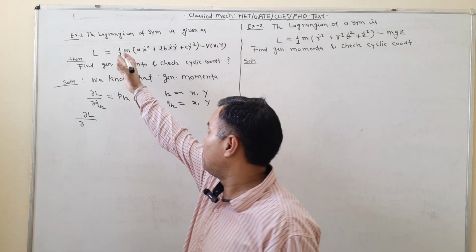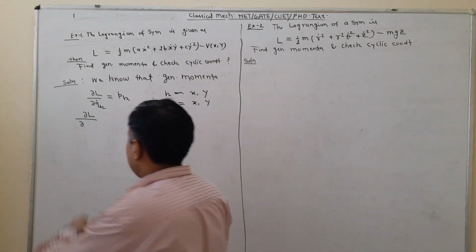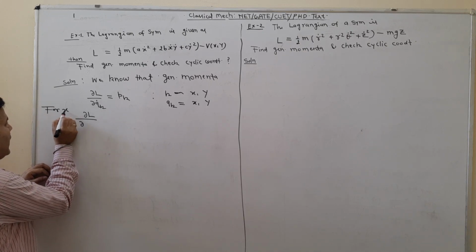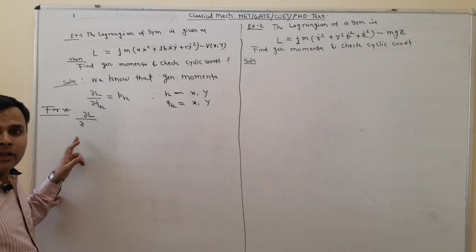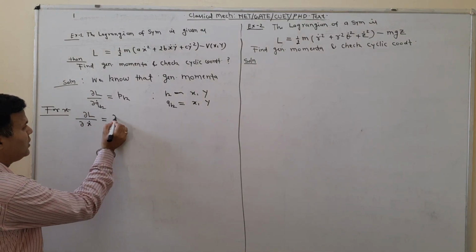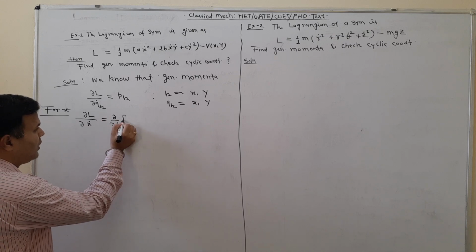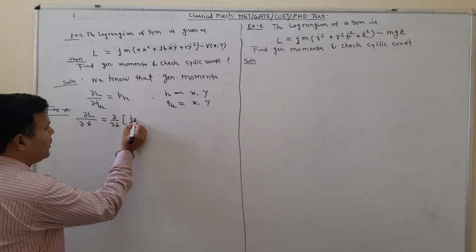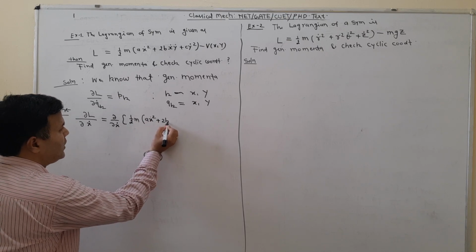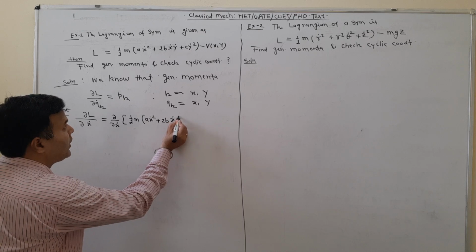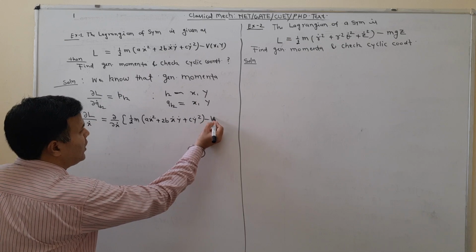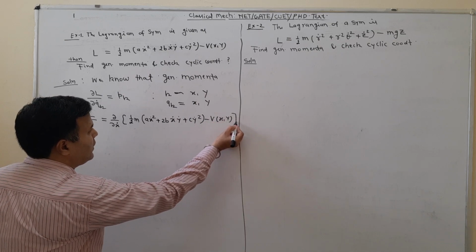So in this example we have this Lagrangian profile. For the x coordinate, we evaluate ∂L/∂x dot, where L is 1/2 m (a x dot square + 2b x dot y dot + c y dot square) minus V(x, y).